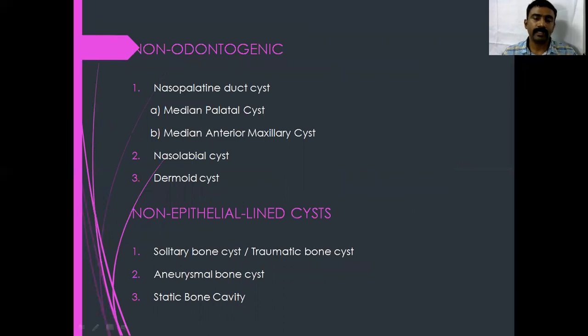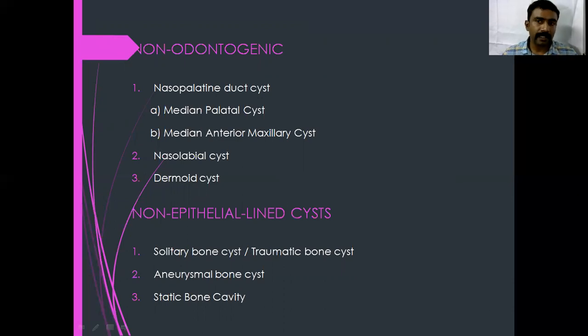And the non-odontogenic cysts are nasopalatine duct cyst, nasolabial cyst, dermoid cyst, and non-epithelial lined cysts such as solitary bone cyst, aneurysmal bone cyst, and Stafne bone cyst, which is nothing but entrapped salivary gland tissue, submandibular gland tissue, within the body of the mandible during development.